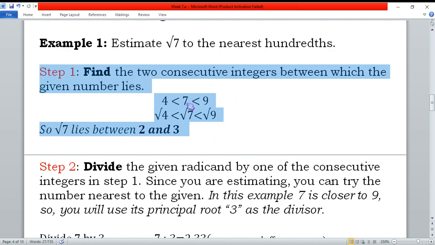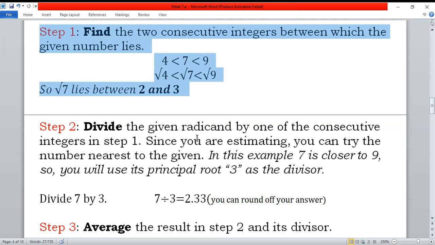Okay, so it shows here that 7 is greater than 4 but lesser than 9. And the square root of 7 is greater than square root of 4, but the square root of 7 is lesser than the square root of 9. So therefore, square root of 7 lies between 2 and 3. Okay, nasa pagitan siya ng 2 and 3.